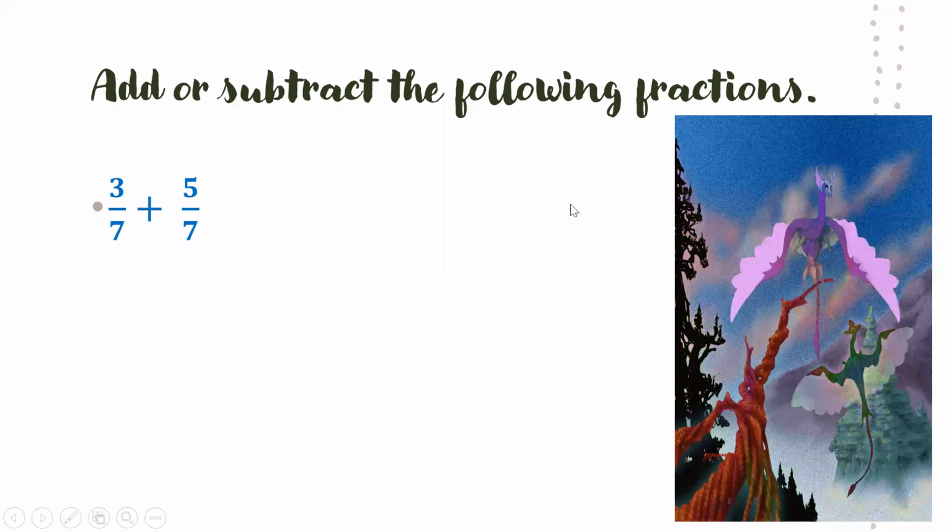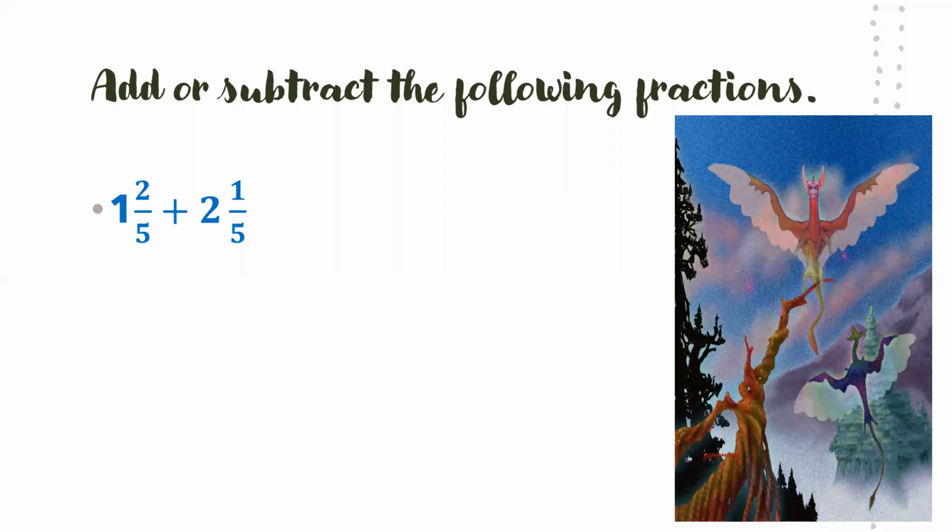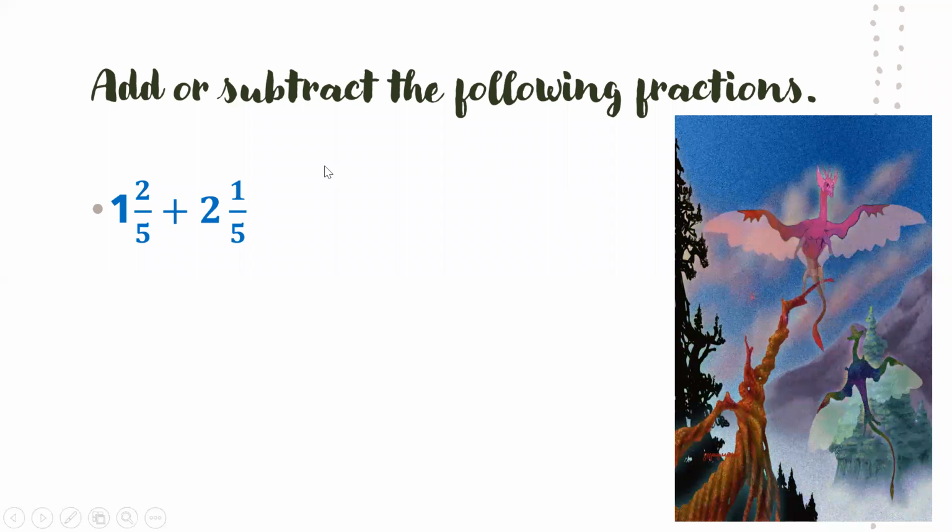Number 3. What if we have 1 and 2/5 plus 2 and 1/5? One solution is to change both mixed fractions into improper fractions.